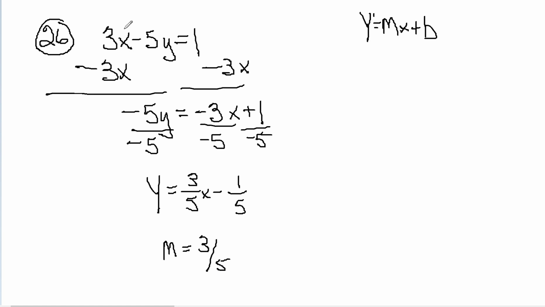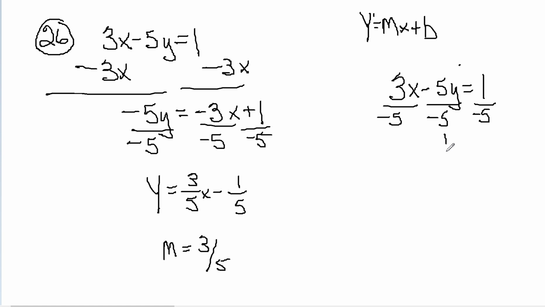Okay, and don't forget that little trick I told you about. If you consider 3x minus 5y equals 1, and you start off this problem by dividing everything by the coefficient of y, negative 5, you know what happens here.